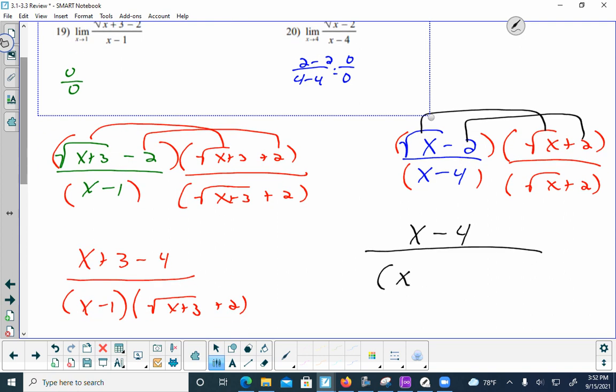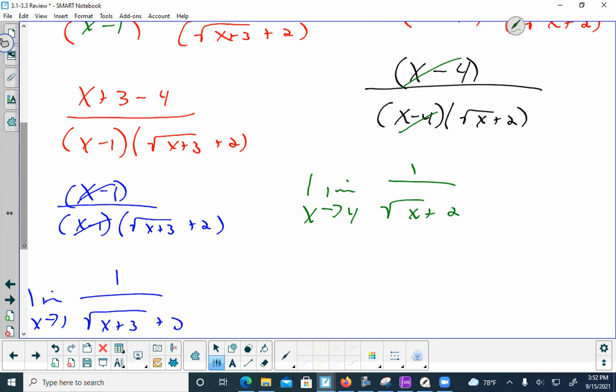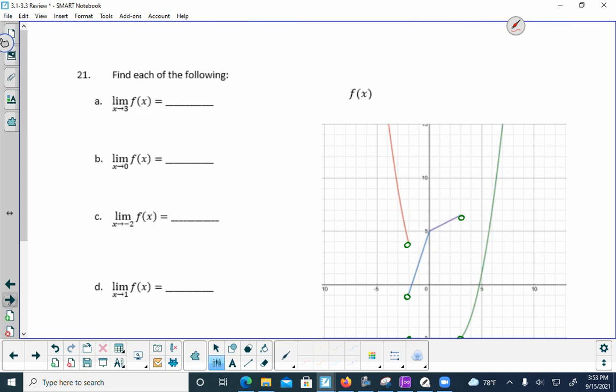And then I'm going to have x minus 4 times the square root of x plus 2. So now these parentheses will simplify. I'm left with 1 over the square root of x plus 2, and I'm taking the limit as x approaches 4. So I'm substituting in that 4 for the x, and the square root of 4 is 2. So my final answer is going to, again, be 1/4.